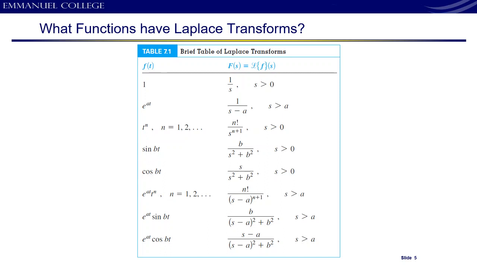T to the n actually has a factorial, which is kind of interesting. And then some combinations of e to the alpha sine of beta and then e to the alpha cosine of beta kind of pop up in very interesting ways. But this table's in the book, and it's pretty easy to read.